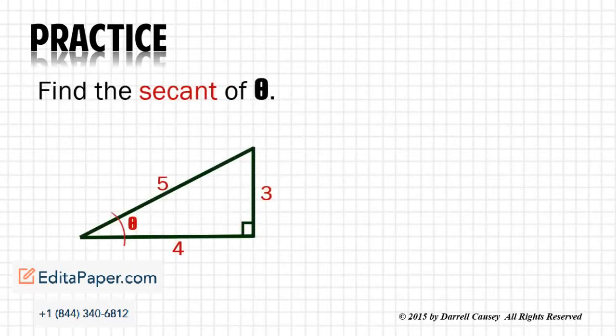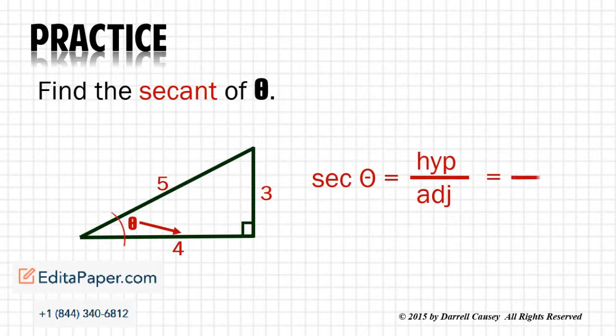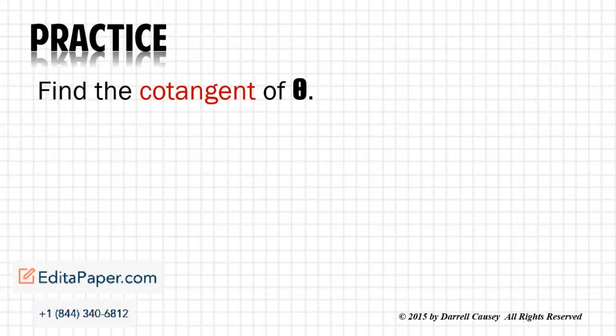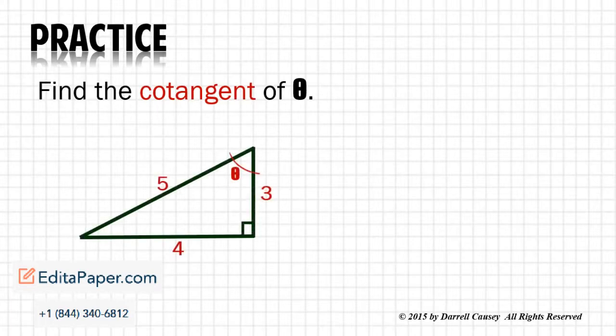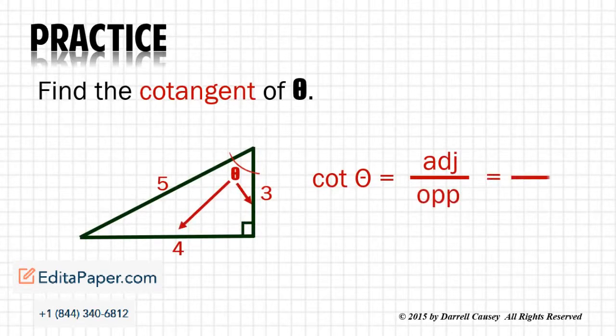Okay, well, secant goes with cosine, so it's just going to be hypotenuse over adjacent. And there's our adjacent side, so it's going to be 5 over 4. And then to find the cotangent of theta, we just take tangent, flip it over, which grab the adjacent and opposite sides, 3 over 4.